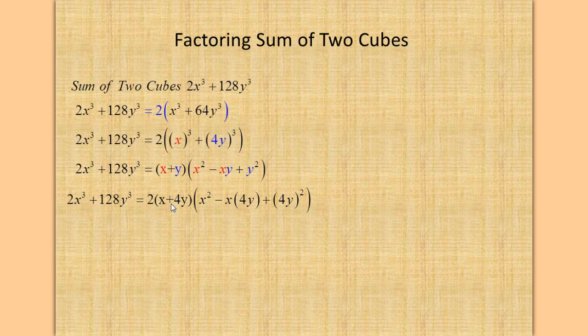So we plug into our equation x and 4y, and we factor the sum of two cubes, which is 2 times x plus 4y times x squared minus 4xy plus 16y squared.